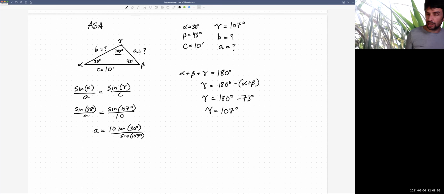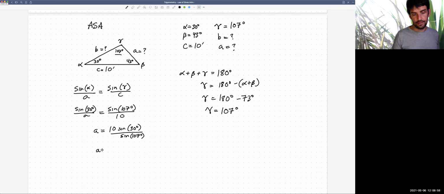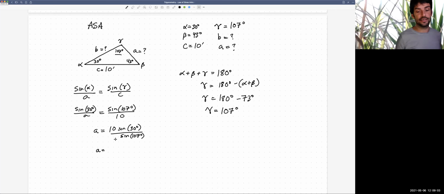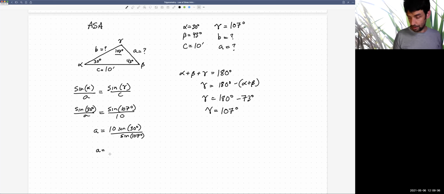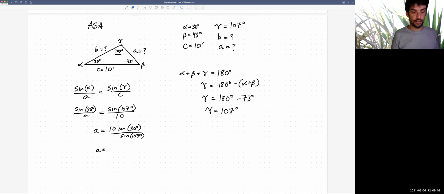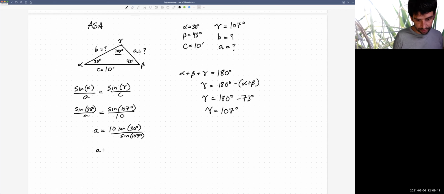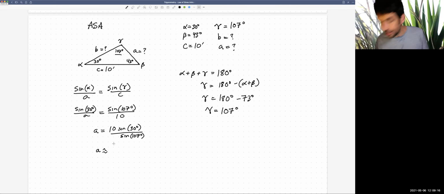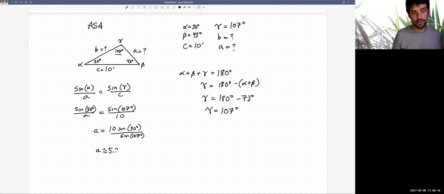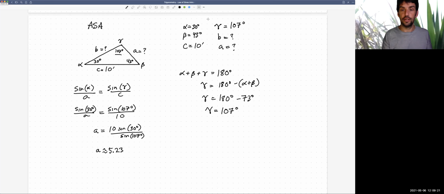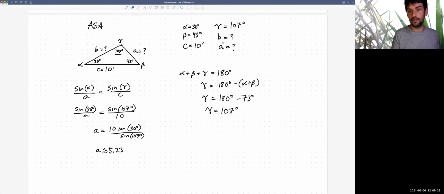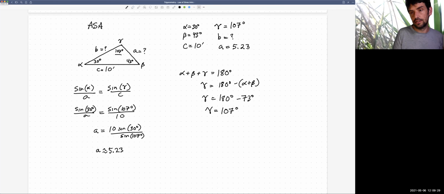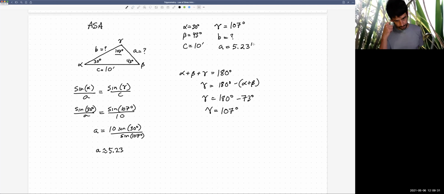And this is a calculator problem. 30 is on our unit circle, but we don't have any clever way to get the sine of 107 degrees. So if you punch this into a calculator, the decimal approximation is, let's go to 2 decimal places, A equals 5.23. Okay, so there is A. And this is going to be in feet.